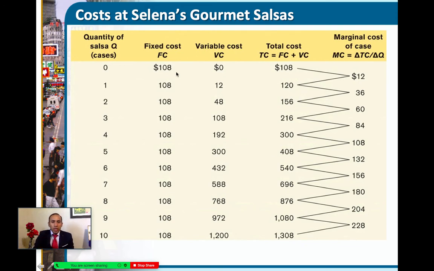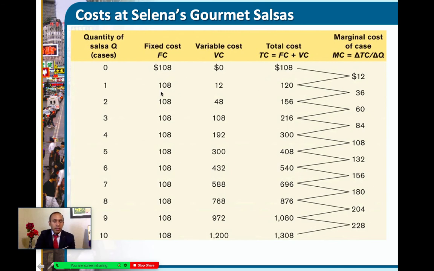Adding both of them together, fixed cost plus variable cost, gives us our total cost of operation. That's the linear summation. Total cost of 1 case of salsa, it's 108 plus 12. The first case of salsa, this is a case. This is an actual case. So when we do the average cost, you're going to see that the average cost of one salsa may be a little bit lower.